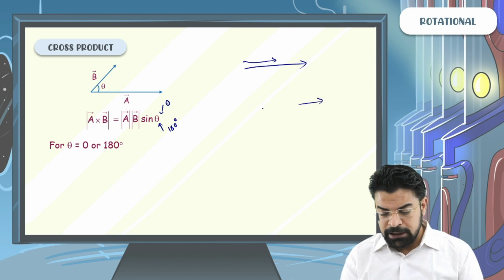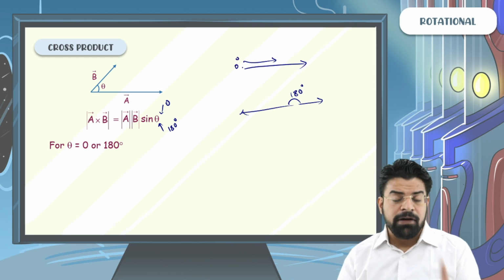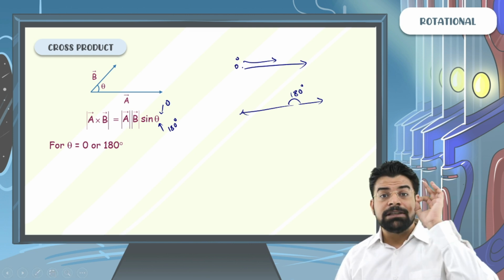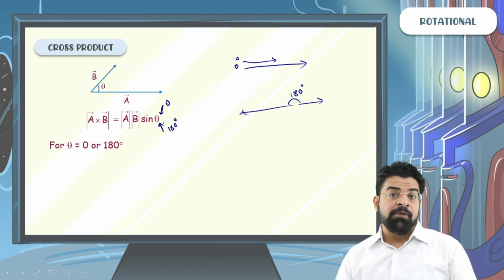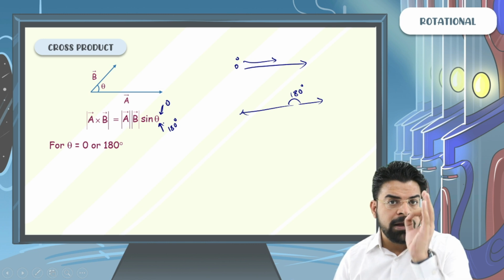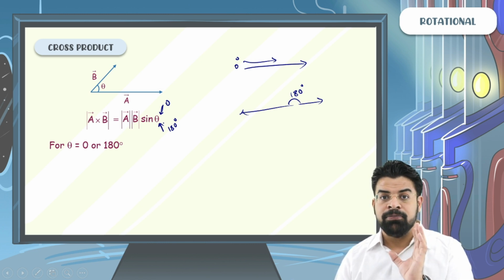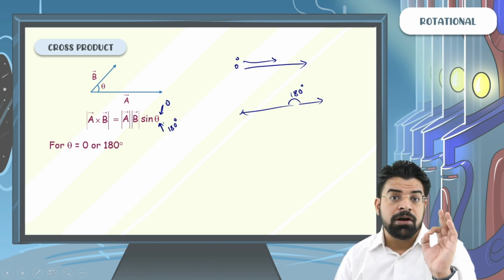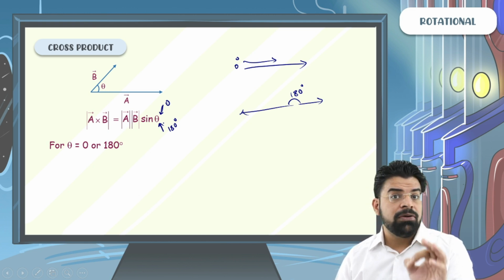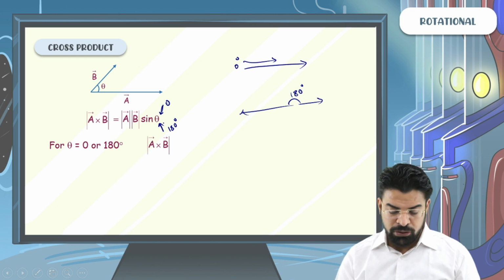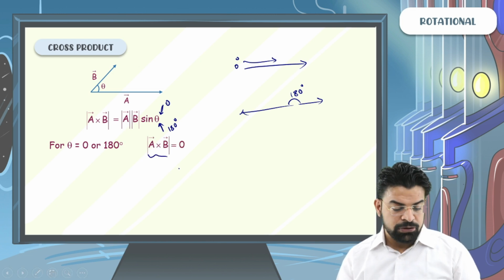If the two vectors are anti-parallel, the angle between them is 180 degrees. So for parallel vectors or anti-parallel vectors, the magnitude of cross product comes out to be 0. So the magnitude of A cross B comes out to be 0.